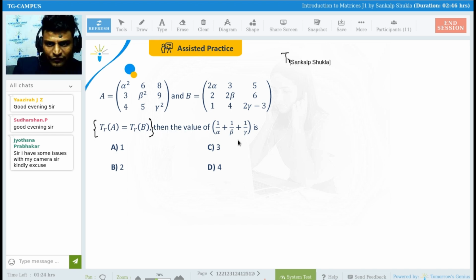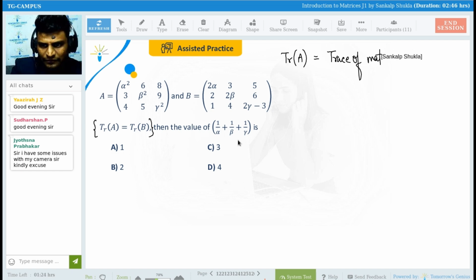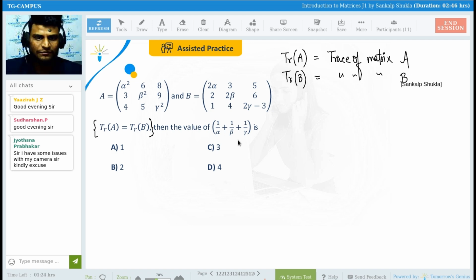I've told you, TR of A is the trace of matrix A, and TR of B is the trace of matrix B. So the question says that the trace of matrix A is equal to the trace of matrix B, then find the value of 1 upon alpha plus 1 upon beta plus 1 upon gamma. So you have to find the trace of matrix A first. Okay, I'll be doing this question.